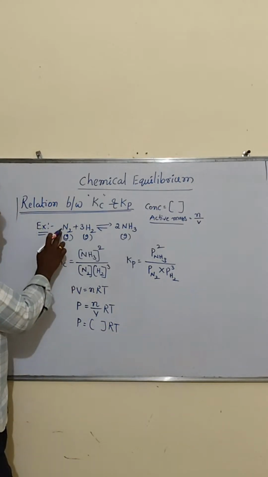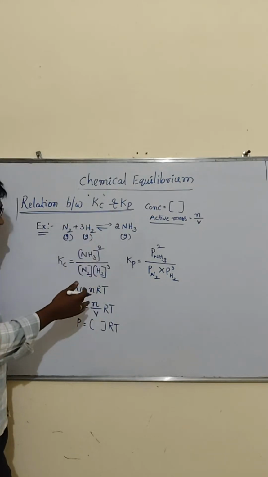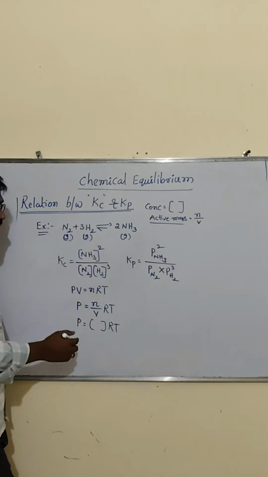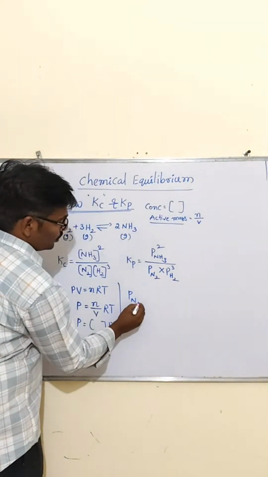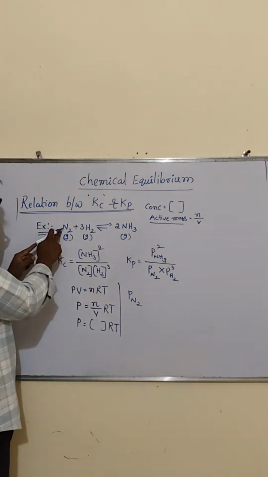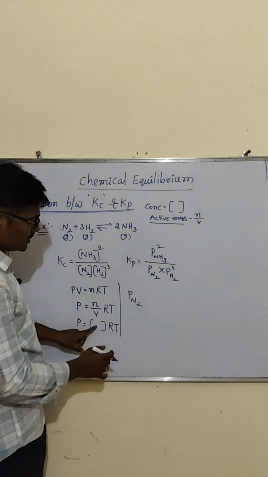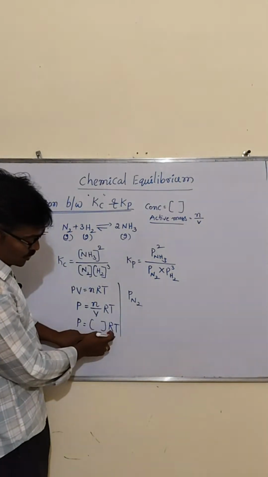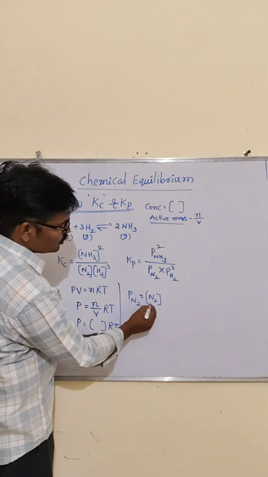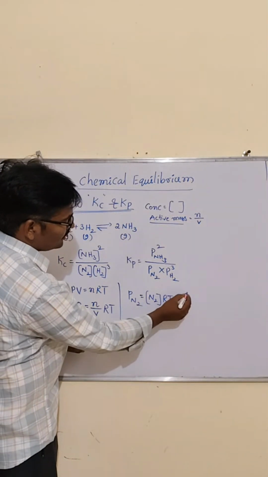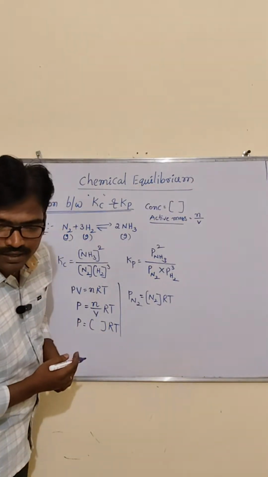So if you write all these gaseous terms as partial pressures, the partial pressure of N2 equals the concentration of N2 into RT. Clear? Understand?